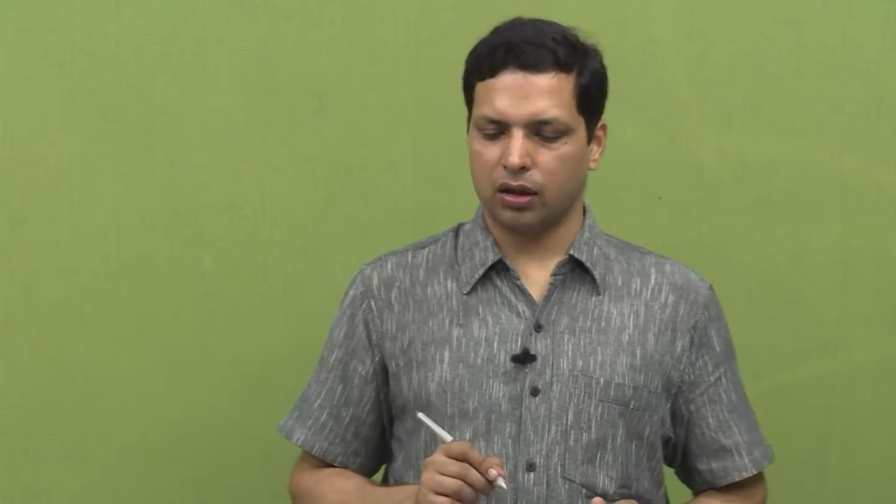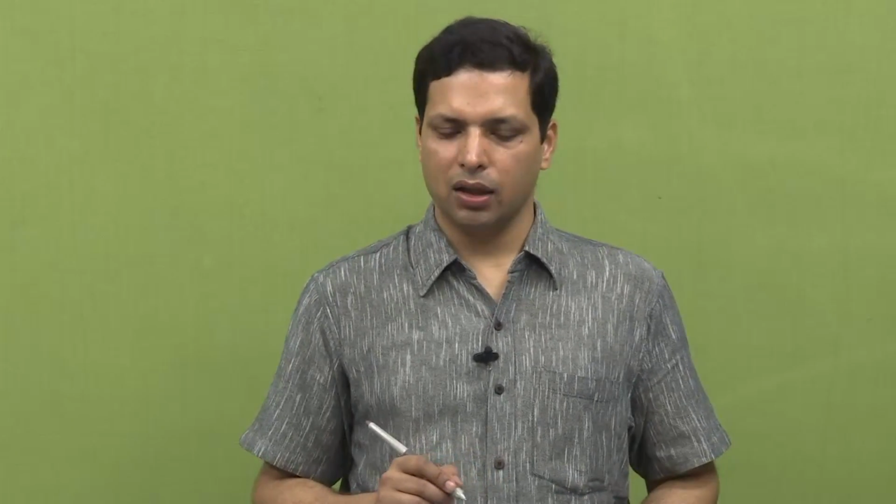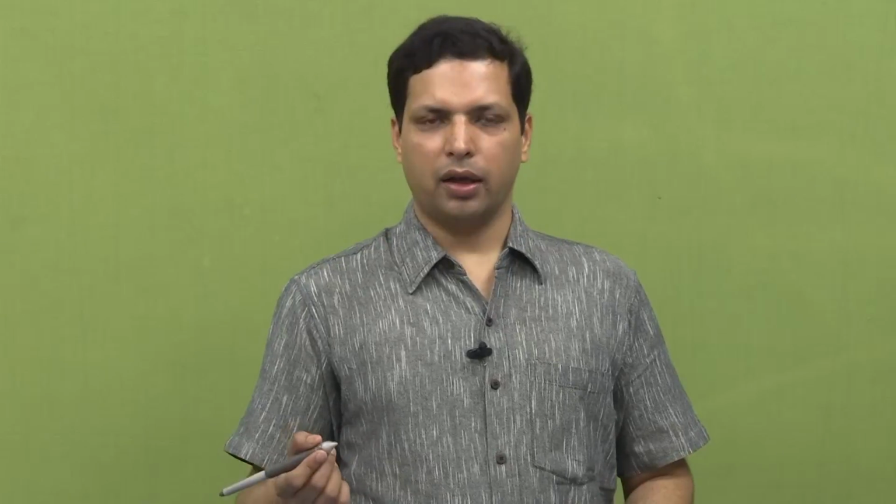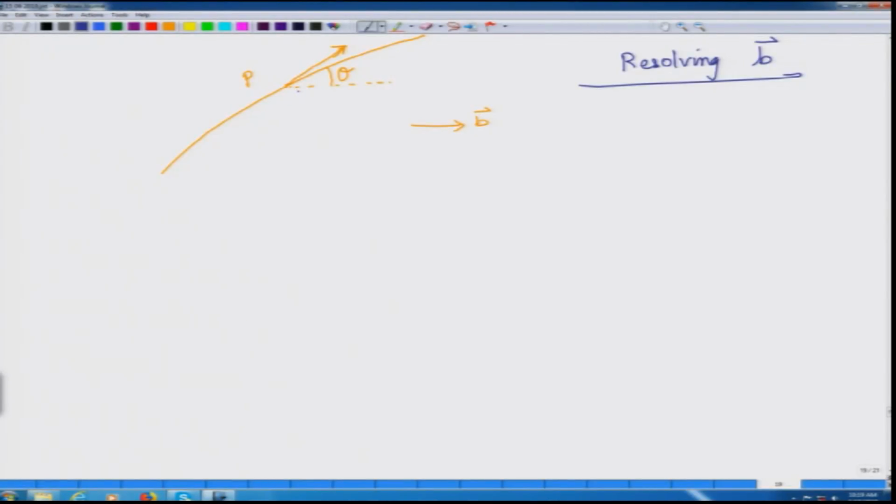First, let us look at what we do in resolving b. It is very simple, you just take the component of b parallel and perpendicular to the u direction. So, this is your Burgers vector b. We will draw it now.